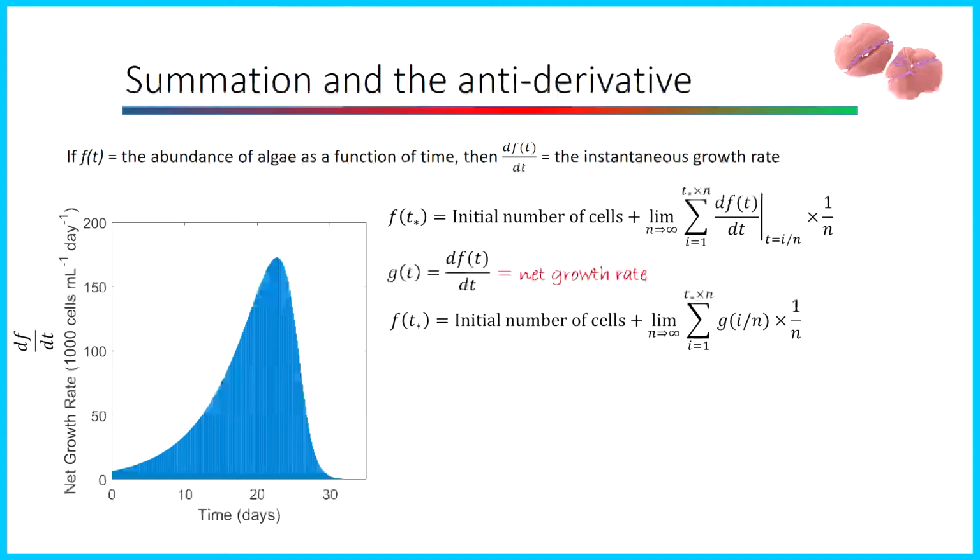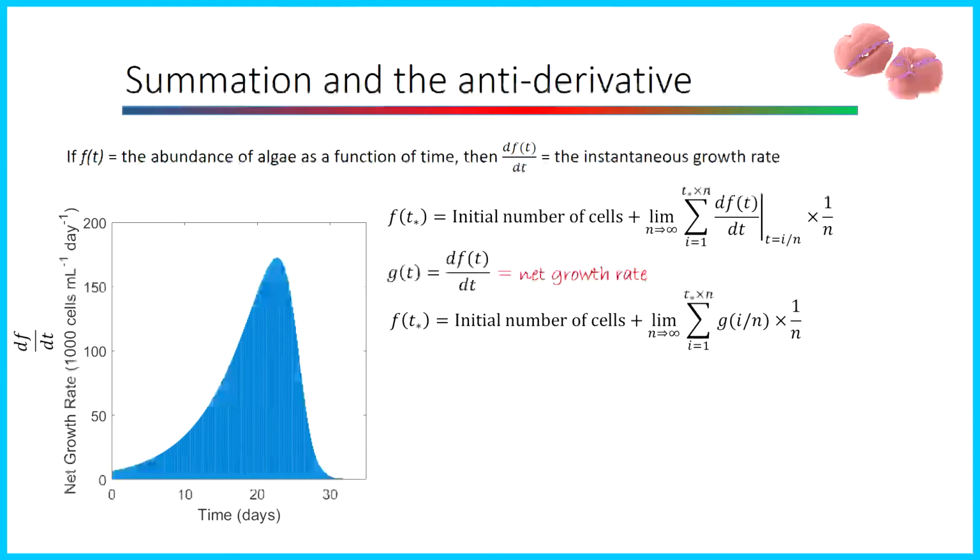But we're really plugging in values of I that go from 1 to t star times n. So if we plug in our highest value for I, which is t star times n, into that equation, we'd be evaluating g at t star times n divided by n, which of course is equal to g of t star, which is what we want.